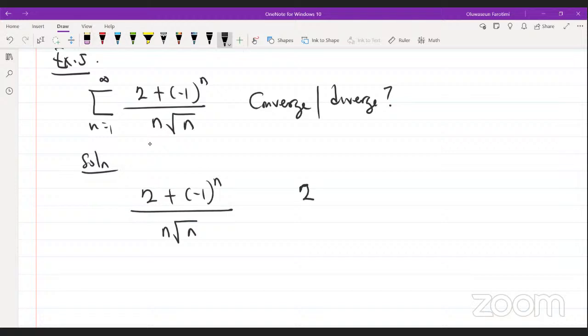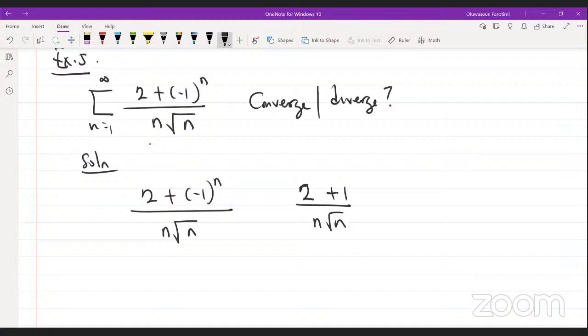Negative 1 to the power of n is definitely smaller than 1, because when n is 1, it is negative 1, and negative 1 is smaller than 1. So in the long run, it is less than or equal to 1, pretty much. Not just smaller than 1, less than or equal to 1. Divided by, you retain this guy.